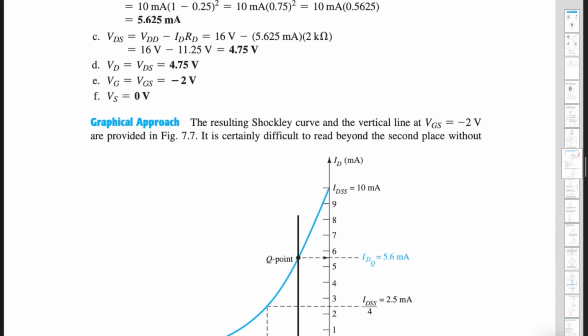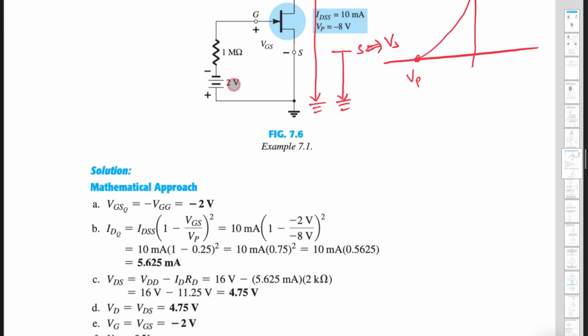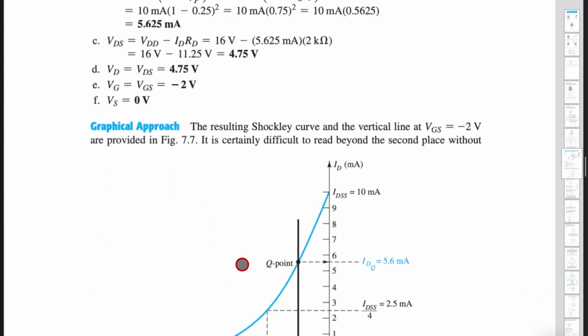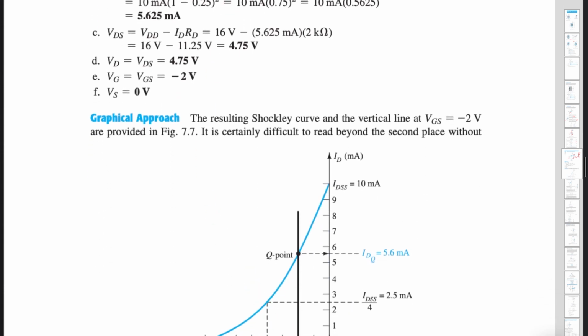So for the graphical approach, you got these 2 points, and VGS is minus 2 volts, right? This is VGS, which is nothing but VGG actually, but VGS is the minus of that, so it is minus 2 volt. You draw a straight line, so wherever it intersects, you can see here VP by 2.